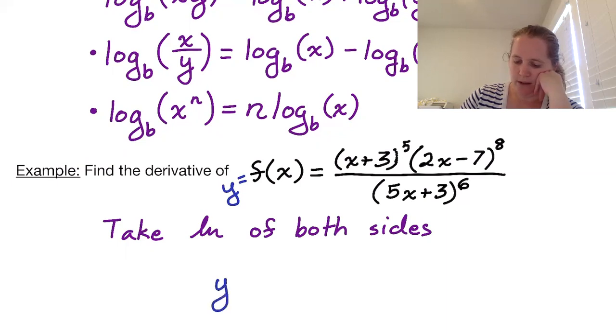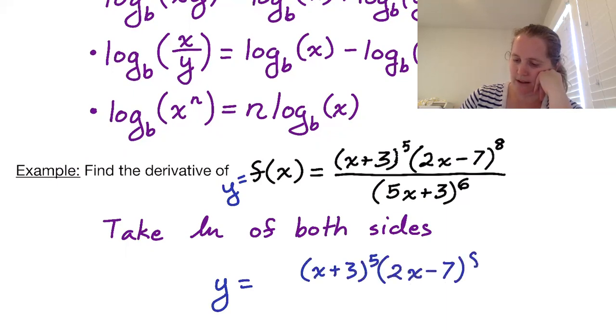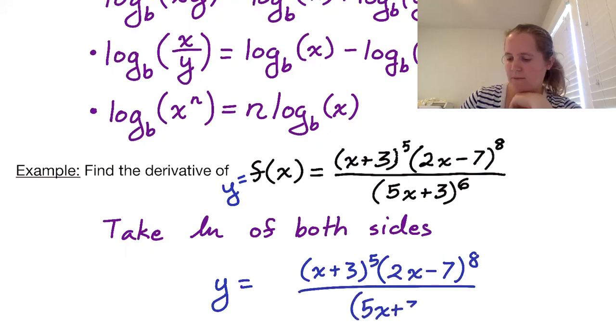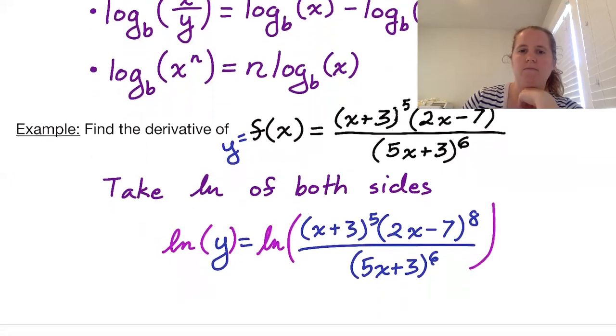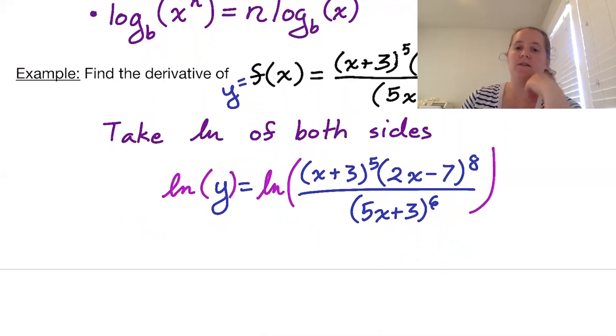I'm going to use y instead of f of x. So y equals f of x equals (x plus 3) to the 5th, (2x minus 7) to the 8th, all over (5x plus 3) to the 6th. Then we are taking the natural log of both sides. Then we can go ahead and separate across products and quotients.